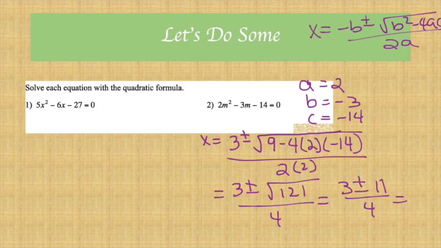And so then we get to figure out what that is. 3 plus 11 is 14. 14 over 4. We'll have to leave that as a fraction. And 3 minus 11 is negative 7. Negative 7 over 4. So this reduces, leaving us with 7 over 2, and negative 7 over 4.